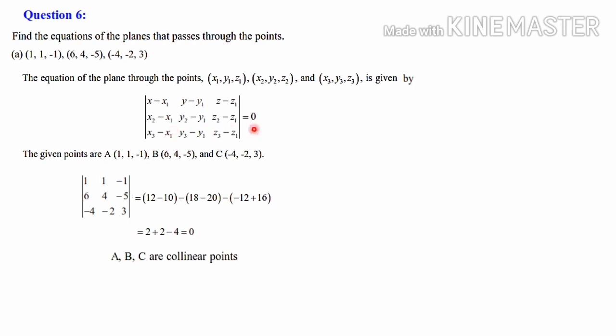So we cannot form an equation using this formula, and we have to write the conclusion: there will be an infinite number of planes passing through the given points. Since the points are collinear, they are on the same straight line, so there will be infinitely many planes passing through the given points. That we have to write as the conclusion.